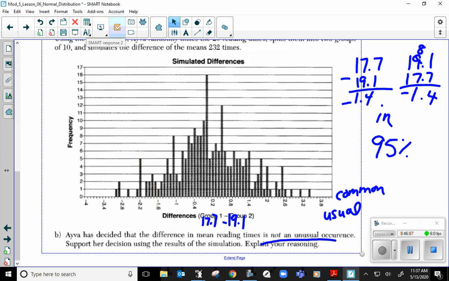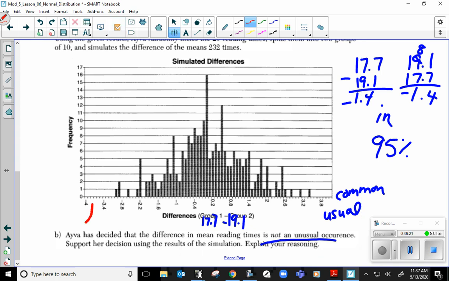Okay, negative 1.4 falls right, I've got to count these: 1, 2, 3, 4, 5, 6. Each little slot here represents a tenth, so negative 1.4 is right there, the top of that little column.